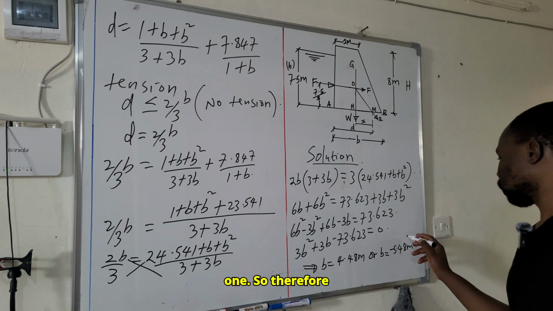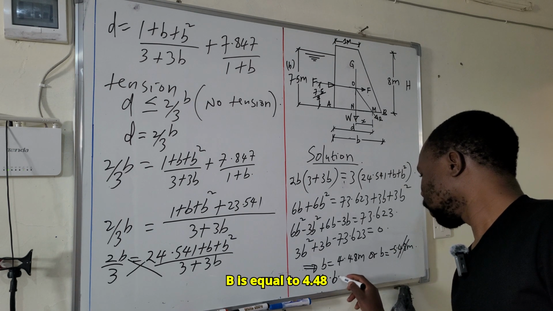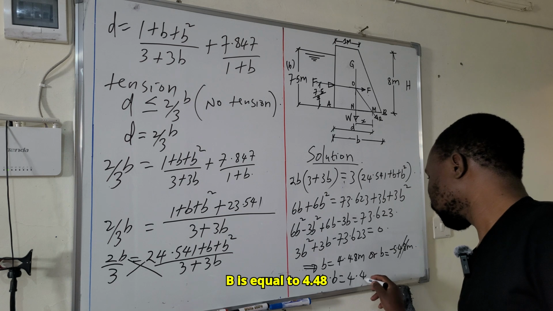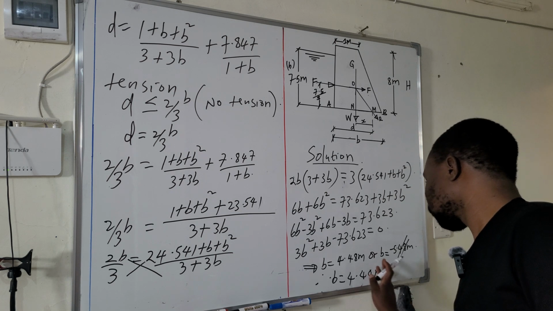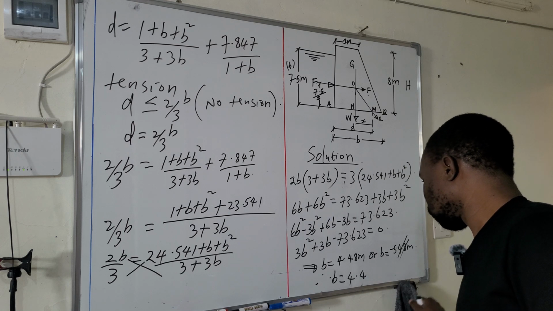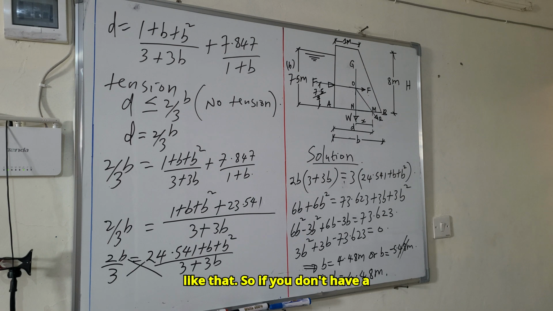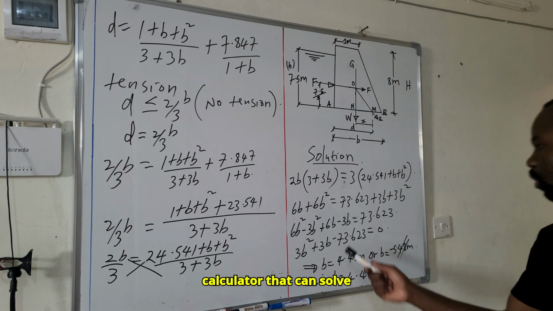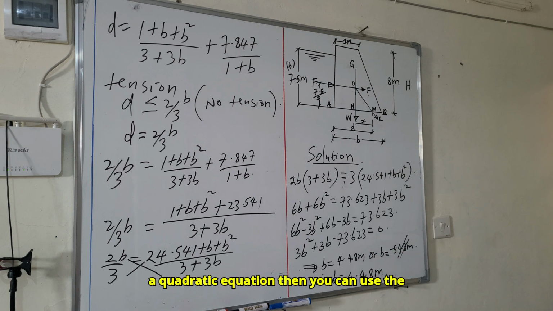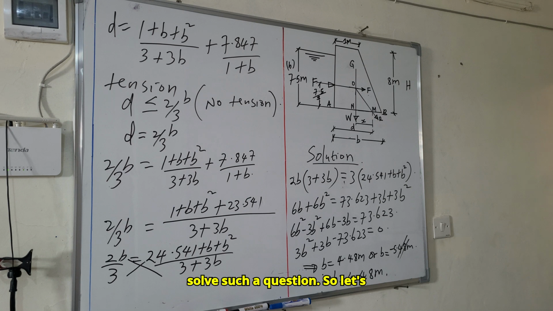So ignore this one. So therefore, b is equal to 4.48 meters. If you don't have a calculator that can solve a quadratic equation, then you can use the quadratic formula or any other method.